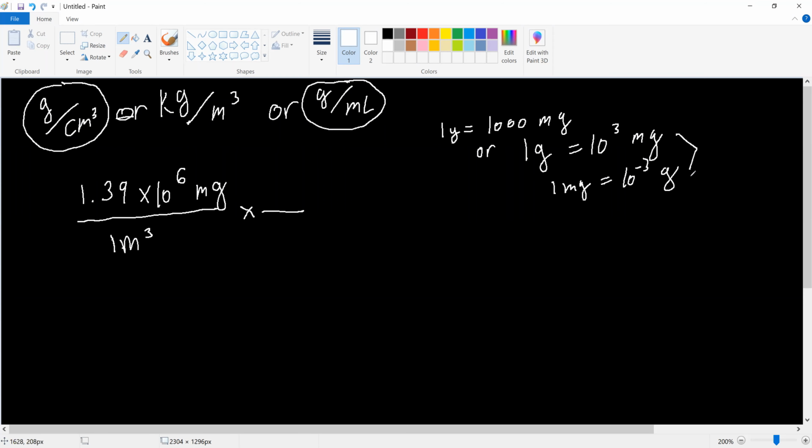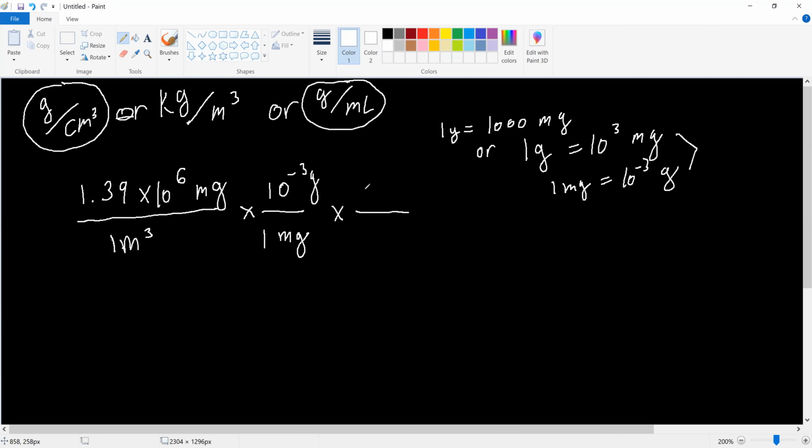These conversions are exactly the same. I'm going to stick with the 1 milligram one though, because it's easier to conceptualize. So these milligrams will cancel out, and then we have 10 to the negative 3 grams. Then we have to do the conversion of meters cubed to centimeters cubed.